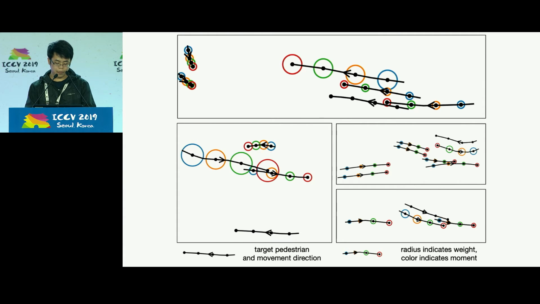In the left figure, the model assigns higher weights to pedestrians moving in opposite directions, even if they are farther apart. In the 2 figures on the right, the model assigns higher weights to nearby pedestrians and nearly equal weights to pedestrians who are far from the target. Of course, there are also failings. The analysis of failings and other details of the model can be found in the paper or poster.